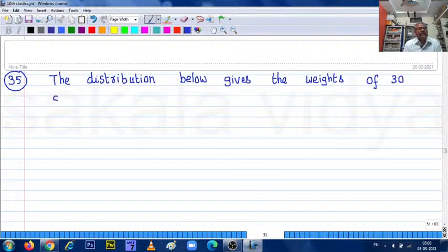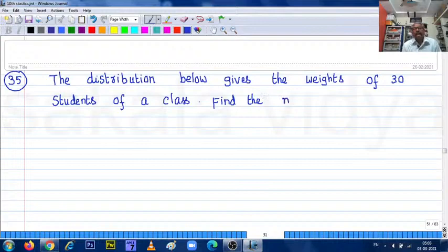There are a total of 30 students. Find the median weight of the students.